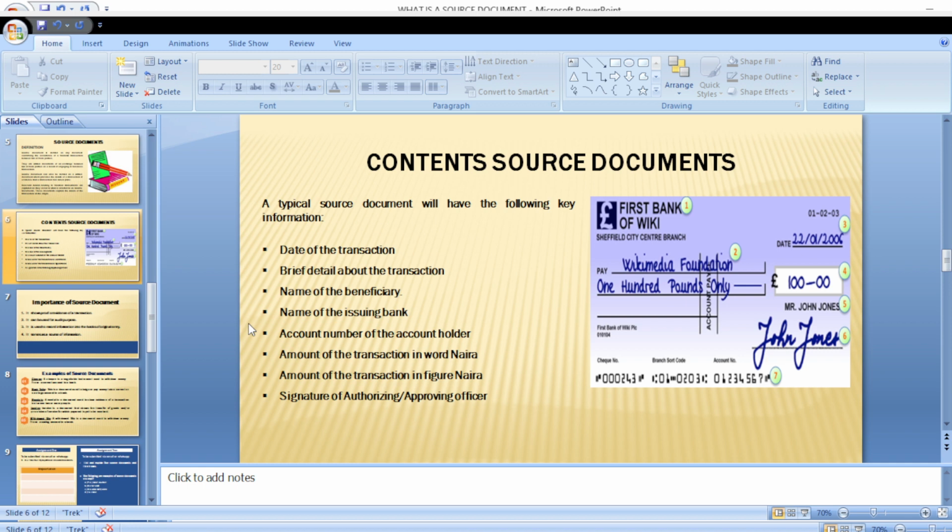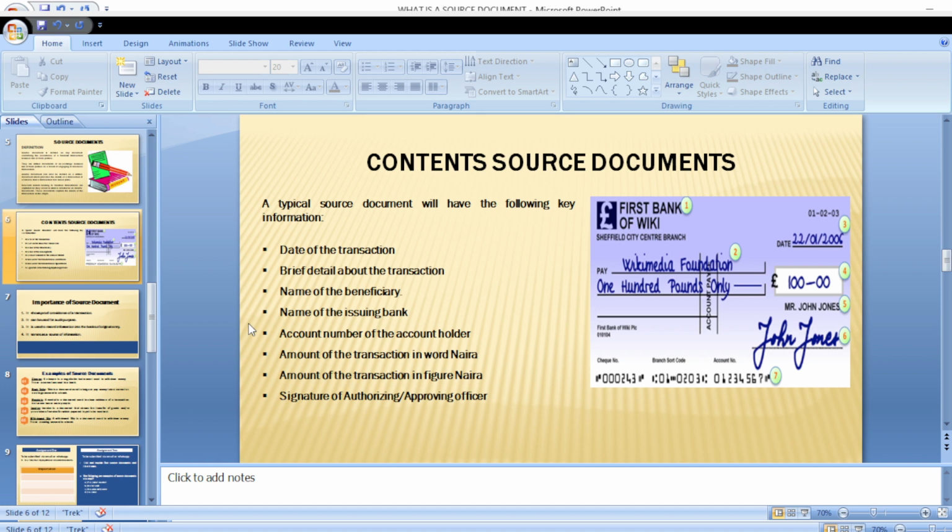You can see the account name there. Okay, it's Mr. John Jones. That's the name of the account holder. Then, what is the amount in words? You can see the amount in words is one hundred pounds only, while the amount in figures is £100.